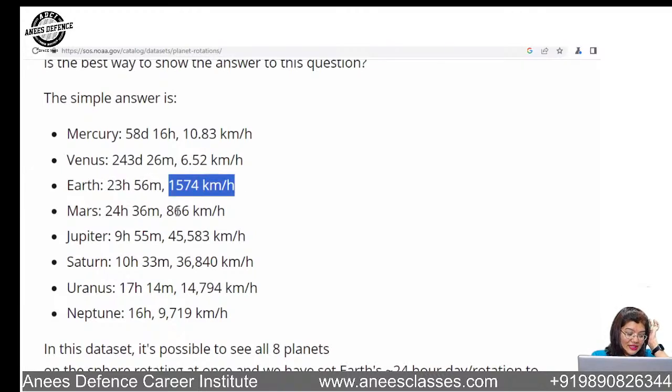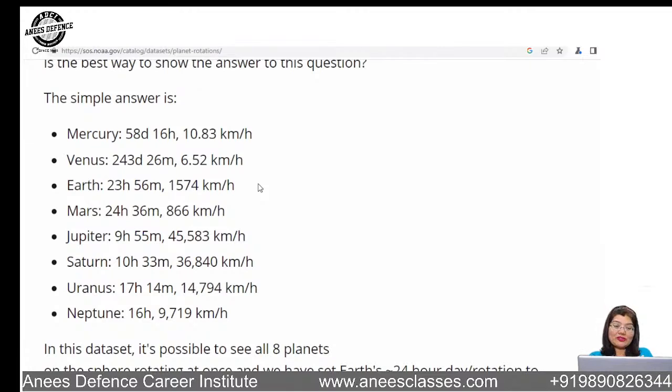After Earth, you have Mars, and then Mercury, and lastly Venus. Venus is a very slow planet. It takes a very long time to finish an entire rotation around itself, and that is why we say that a day on Venus is greater than a year.